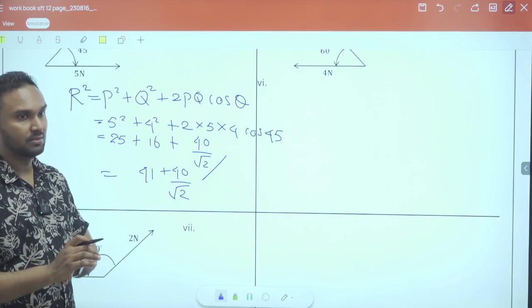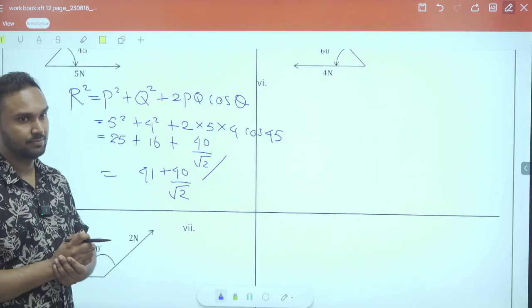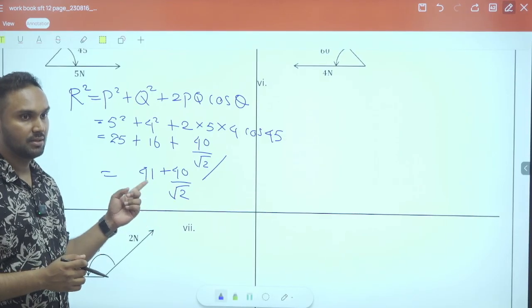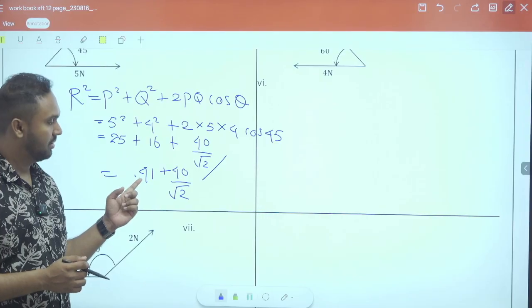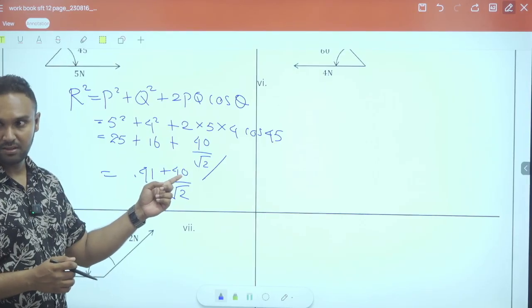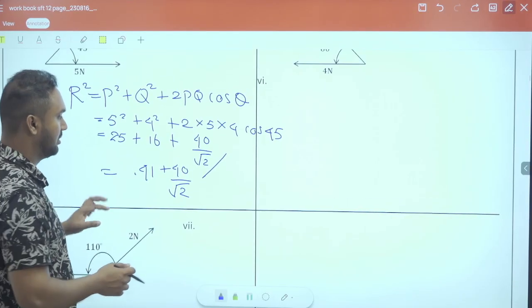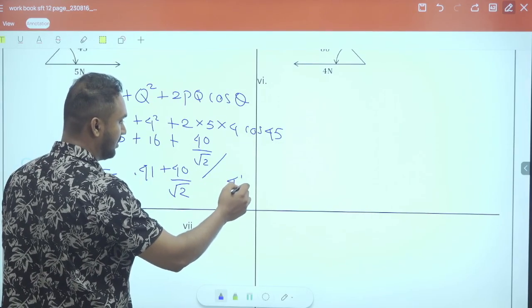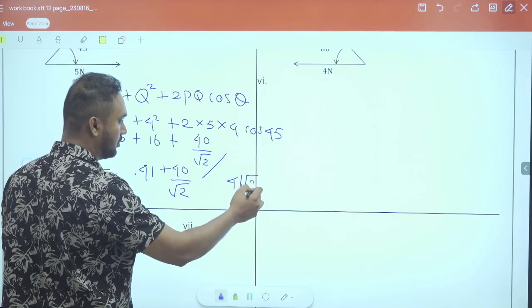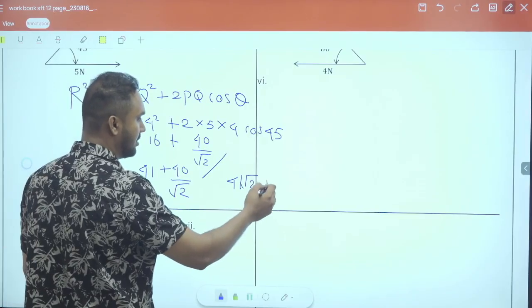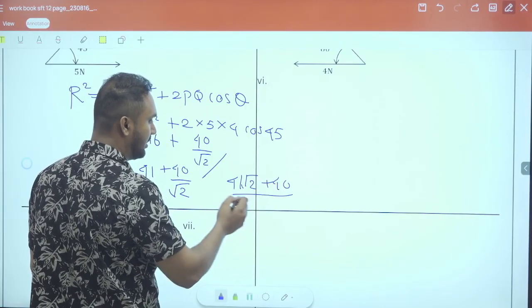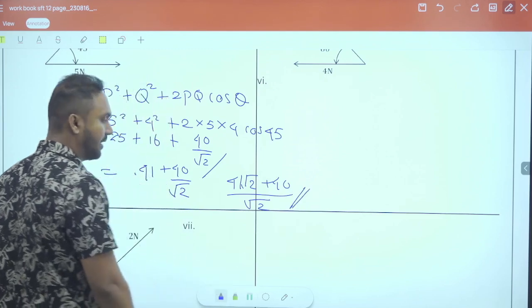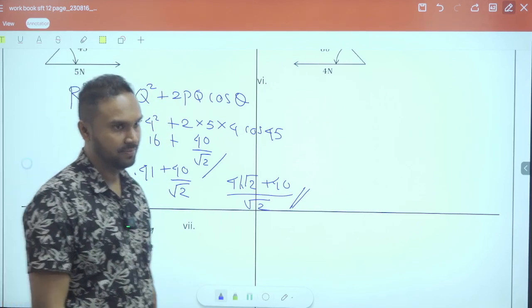You multiply 41 by root 2 and add it to the 40. So 41 root 2 plus 40, divided by root 2, will be the final fraction.